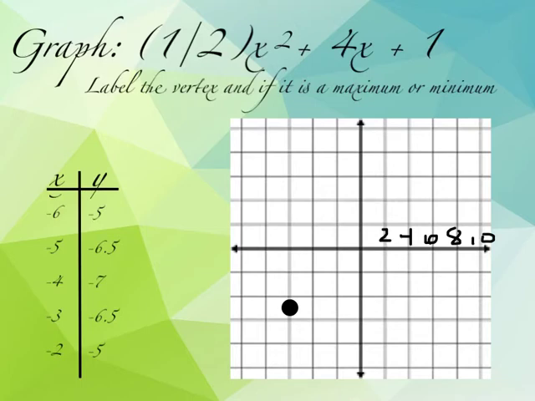Negative 6.5, a little bit past 6 to give me 6.5. Negative 4, negative 7. Negative 3, negative 6.5. And negative 2, negative 5.